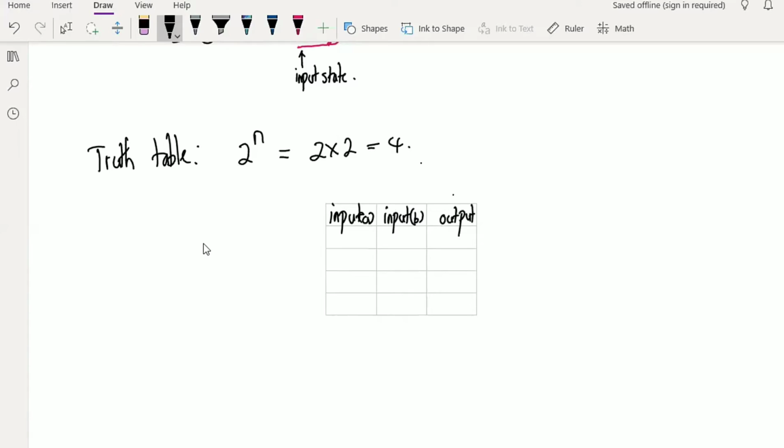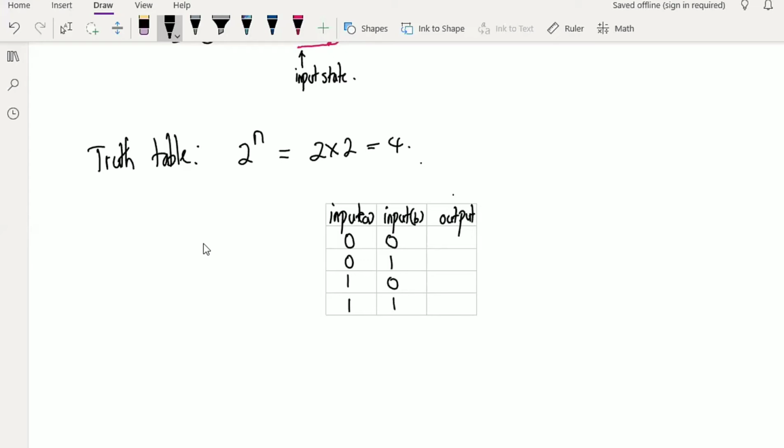So we have 4 possible combinations this time. That's 4 possible combinations of the 1 state and the 0 state, and even numbers of both. So we can start off by alternating the 0s and 1s. So 2 0s, 2 1s. Then we have a 0, a 1, a 0, a 1.